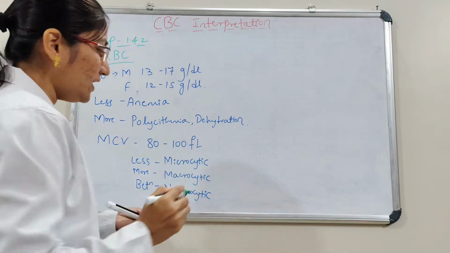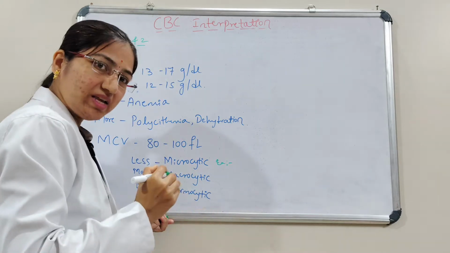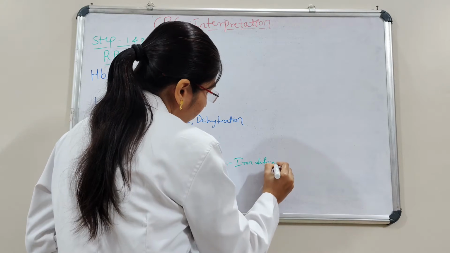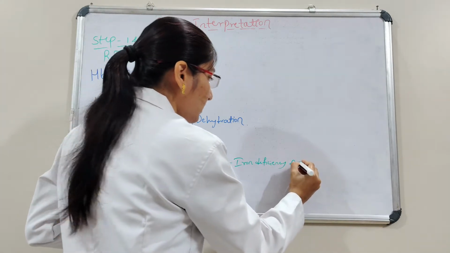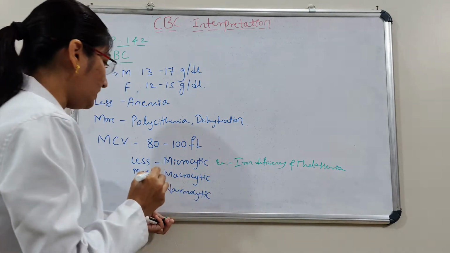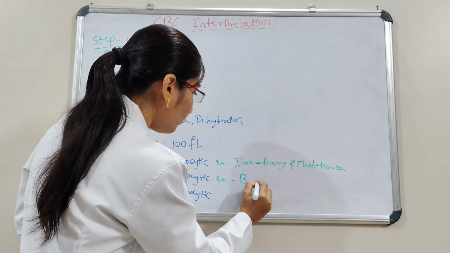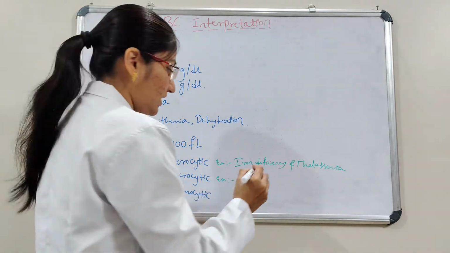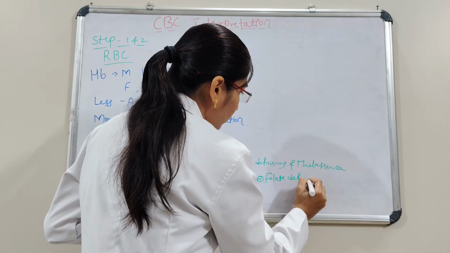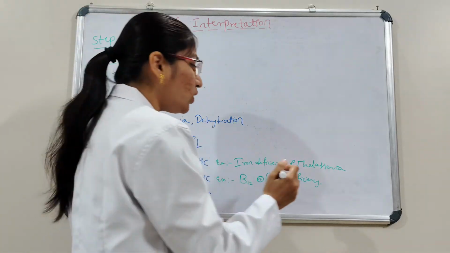Microcytic anemia we can see in cases of iron deficiency and thalassemia. Macrocytic anemia we can see in B12 or folate deficiency, and also in patients taking alcohol.